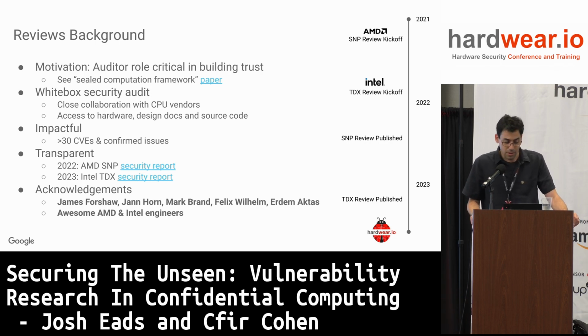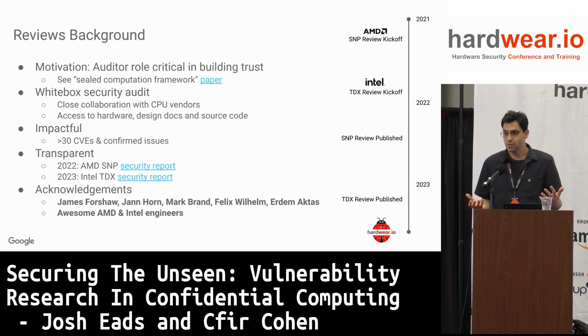So for background, we had privileged access to both CPU vendors, as Google, a cloud provider. When they introduced a new technology called confidential computing, and we'll define confidential computing in a minute, we had an opportunity to help the vendors build trust in this technology, right?